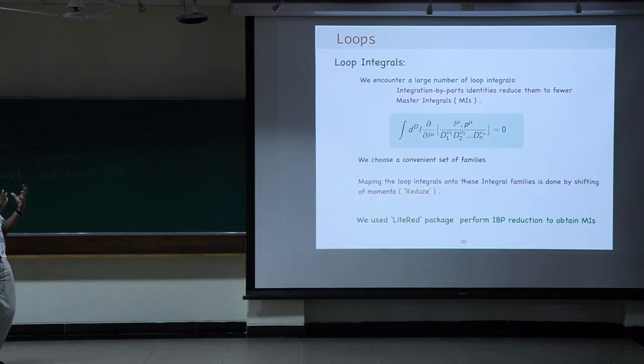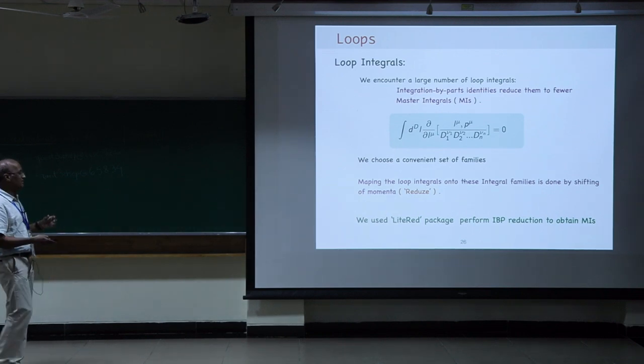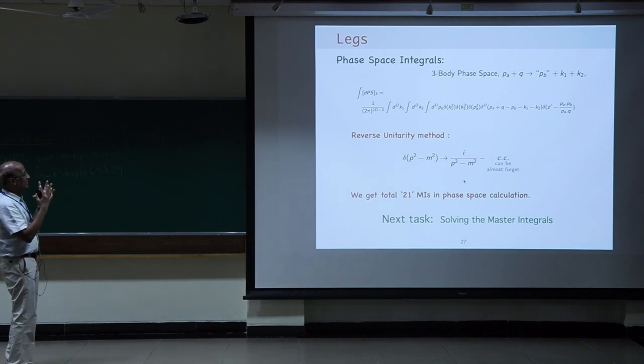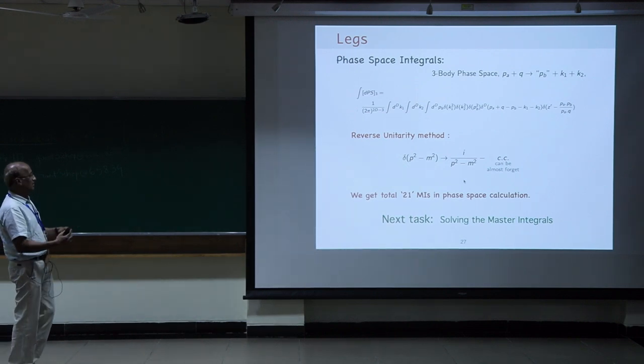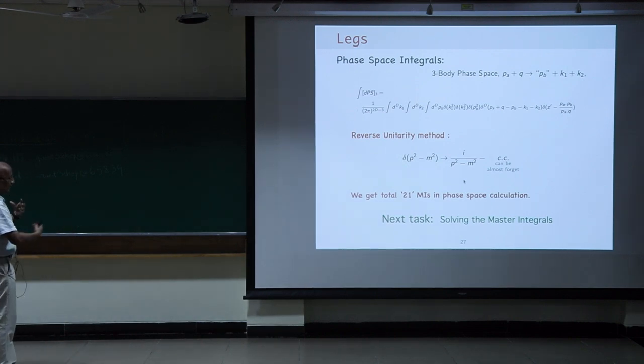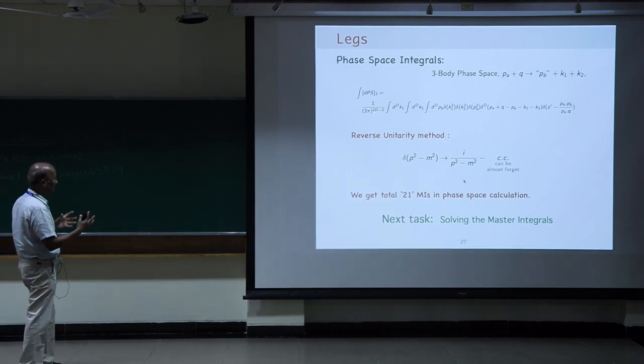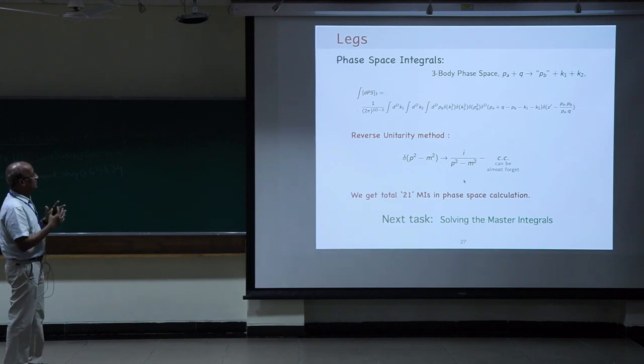By using these relations, we can reduce the large number of integrals into a smaller set of integrals, which you call master integrals, that he mentioned in his talk. These master integrals are the standard way of getting a larger number of integrals down to a smaller set of integrals.